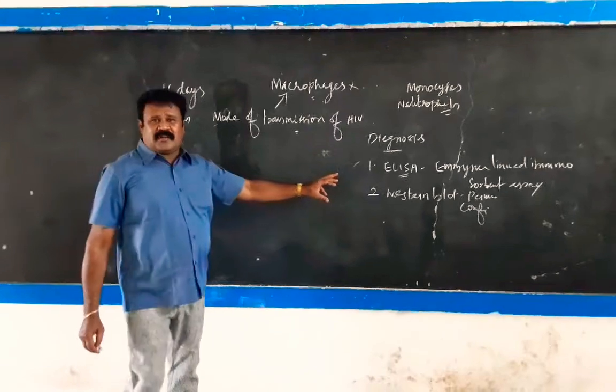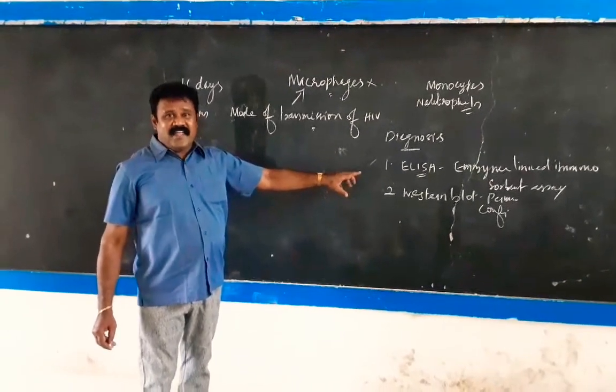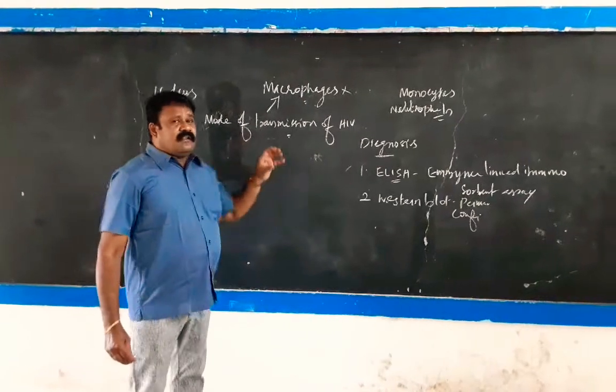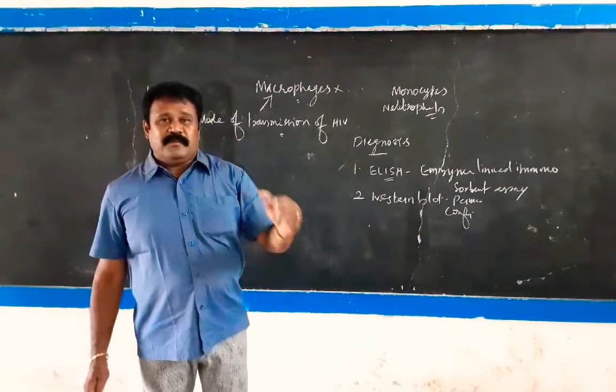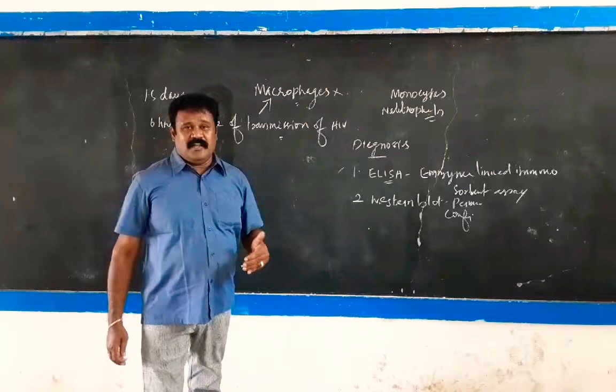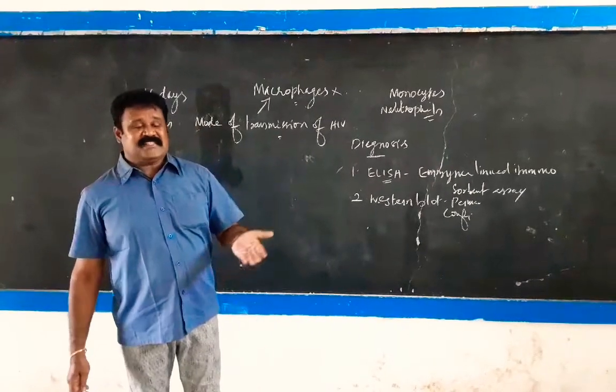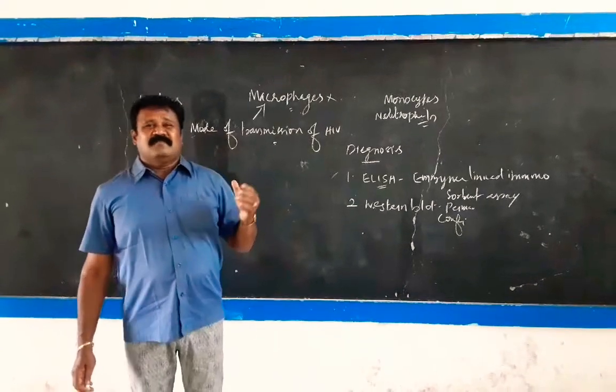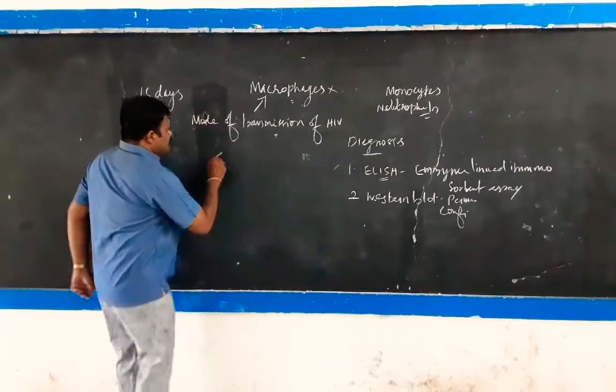There is no cure for AIDS, as I said already. So prevention is better than cure. What are all the possible ways by which we can prevent the entry of the AIDS virus in the body? Once it approaches, the symptoms are very dangerous. The body becomes weak, which we call emaciation.